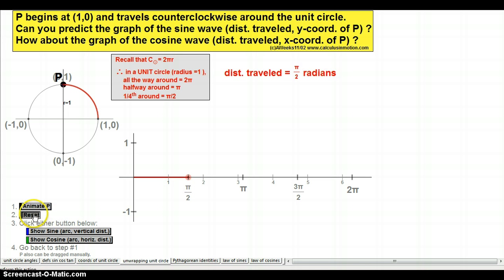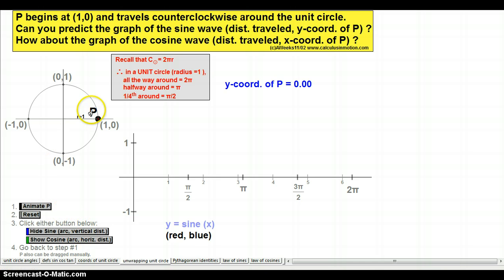So if I animate P and show the sine graph here, as I pull P around the circle, it is going to start to graph my sine function. At pi over 2, my sine value is 1. So there's my sine value. My sine value with radian of 0 is 0.